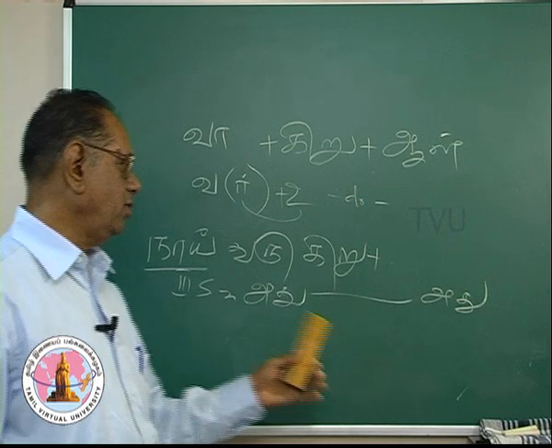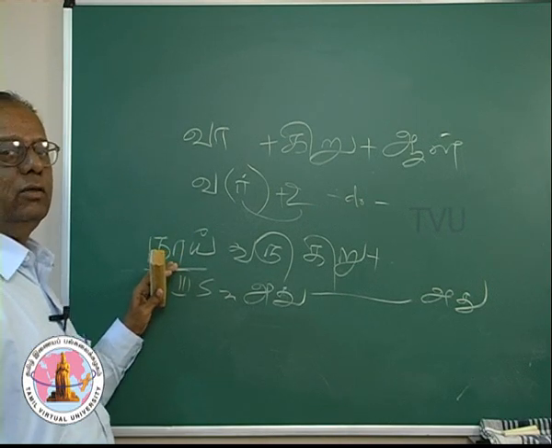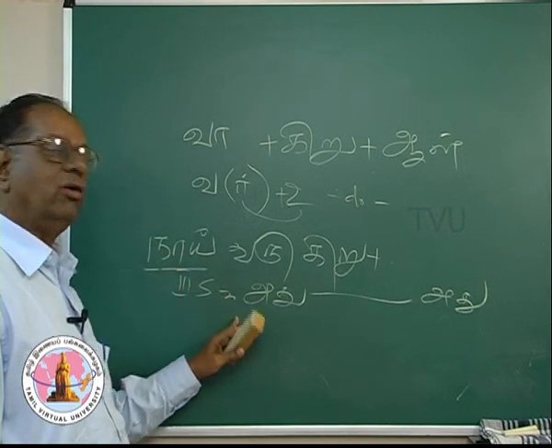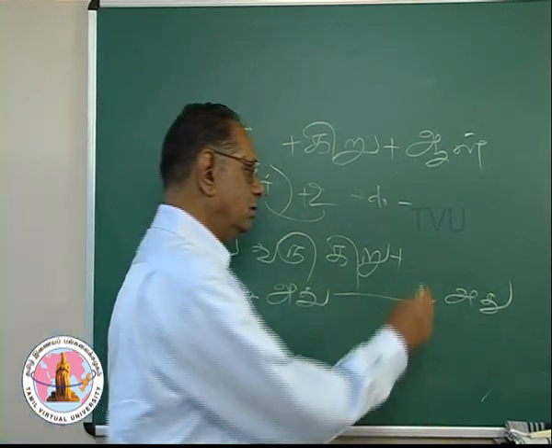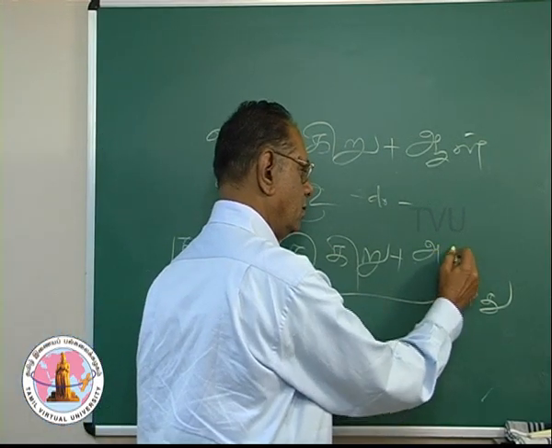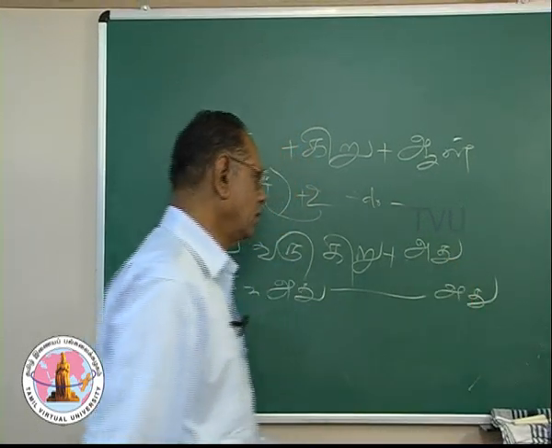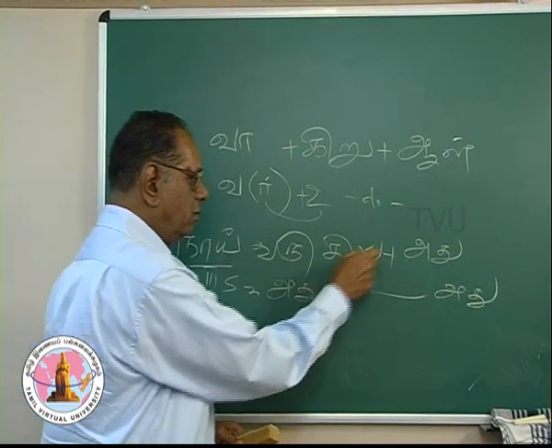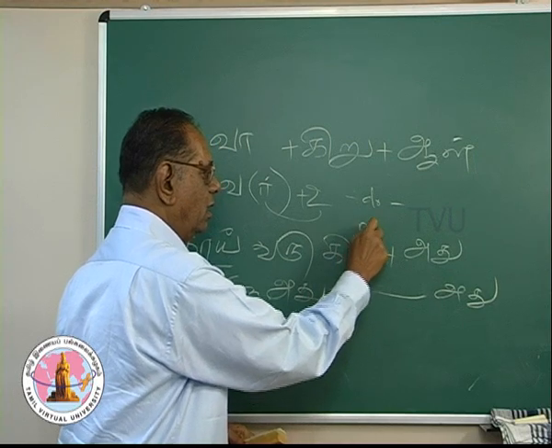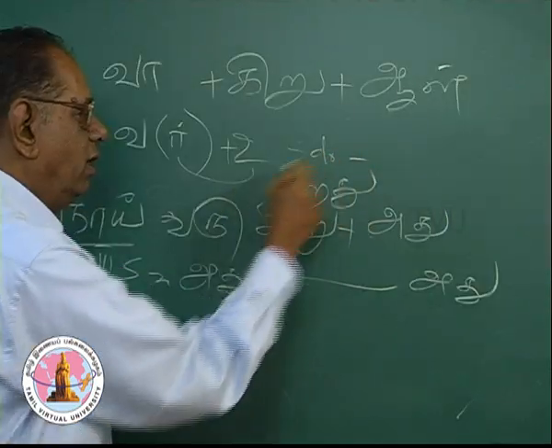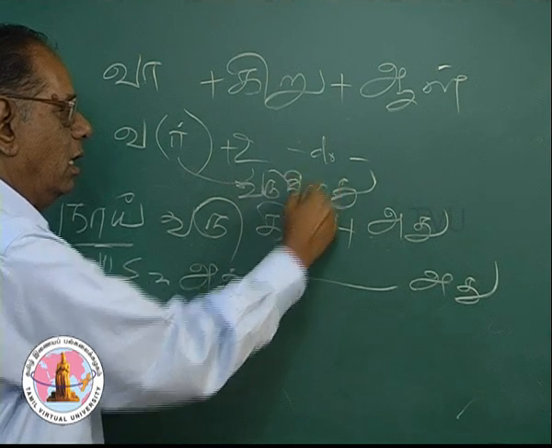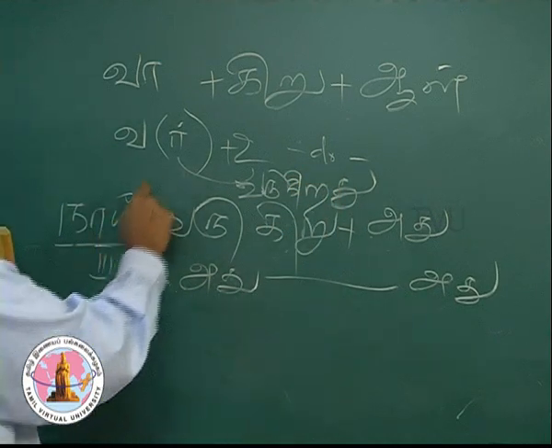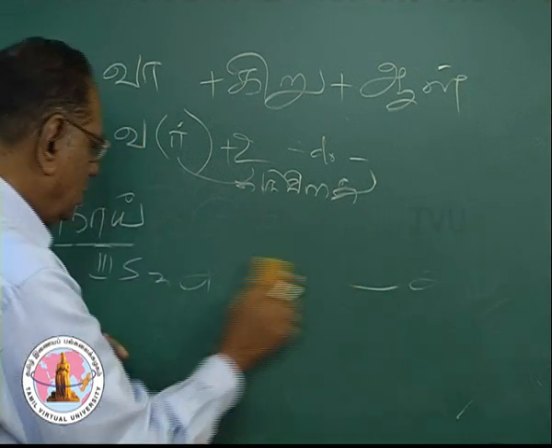So, naturally, for நாய், which is in the third person singular neuter gender, the suffix should be adu. Varu, kiru plus adu, varugirathu. நாய் வருகிறது. The dog comes.